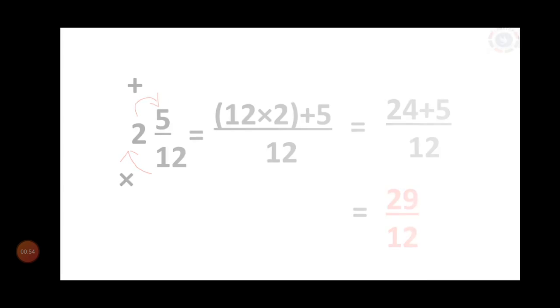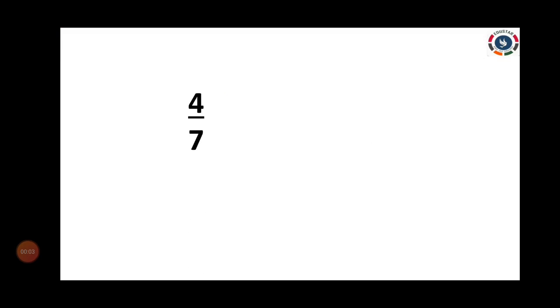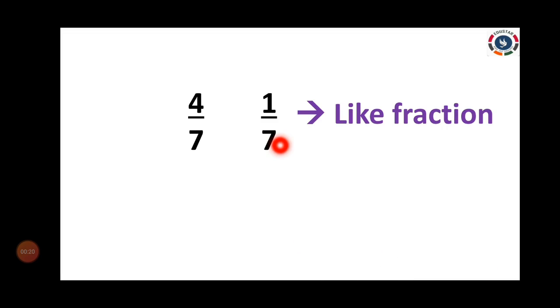The next thing: use the less than or greater than symbol. 4 by 7 and 1 by 7 are given. Can you tell what type of fractions both are? Already we have studied the types of fractions. In which type is it? This is like fractions, because both fractions have the same denominator.